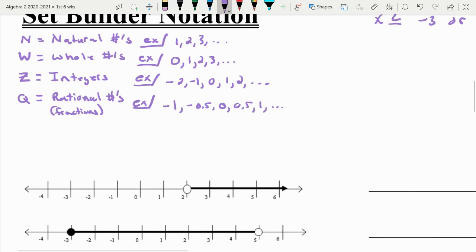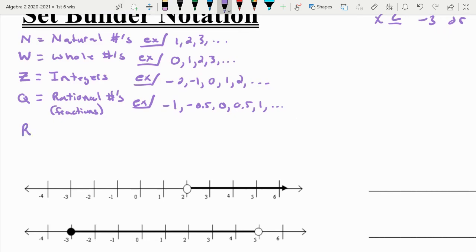And then we have the real numbers. So I'm going to star that, big R. The real numbers are all the numbers, including those that are not definite decimals. In other words, when you convert rationals to decimals, they stop, like 0.5, or they repeat. Real numbers also include non-repeating, randomized decimals.